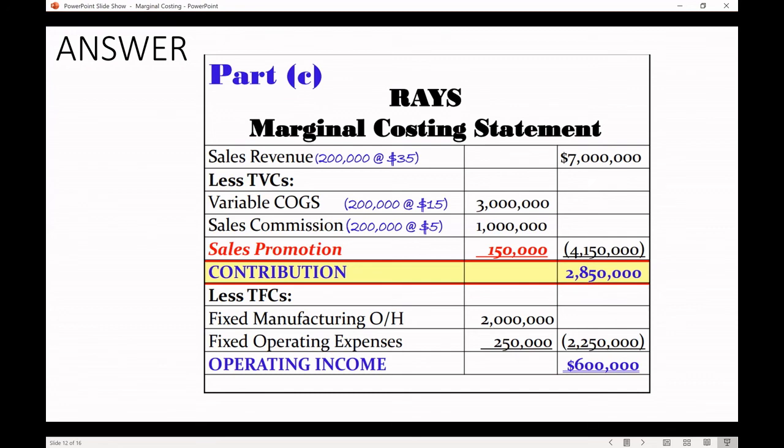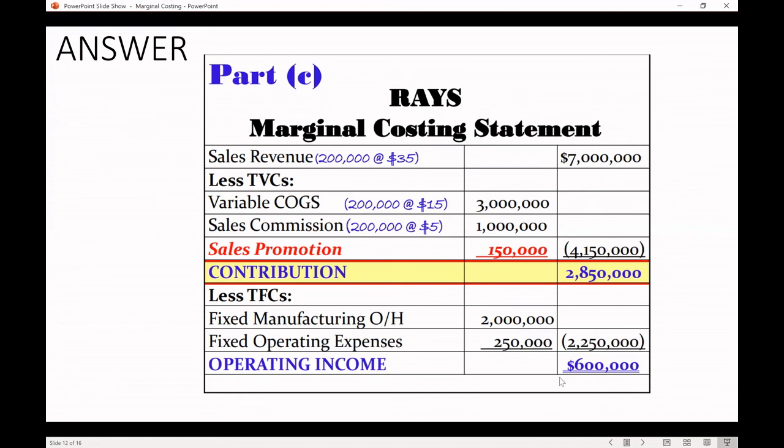This drives home the point that it doesn't matter how many goods we sell, right? Remember, when we sold 185,000 units, our fixed cost was the same, 2,250,000. Now, given this scenario, if we sell 200,000 goggles, our fixed cost is the same, right? So subtracting that from our contribution, we have an operating income of 600,000.